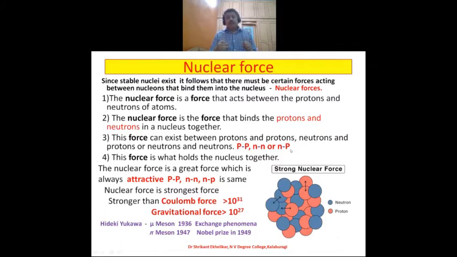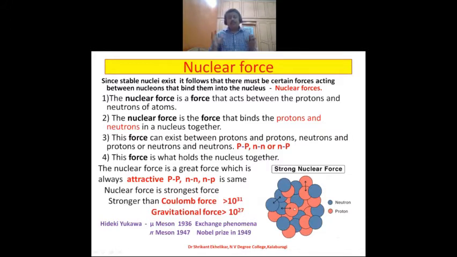Therefore, the nuclear force due to interaction between proton and proton, neutron and neutron, or a neutron and a proton is the same.